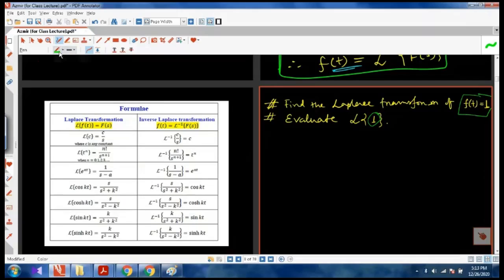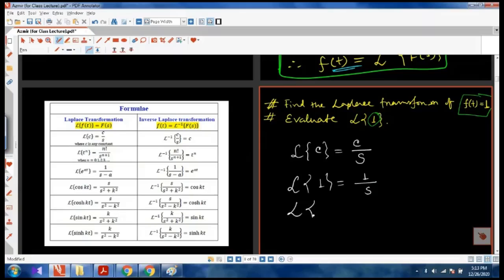So we know the formula, that is Laplace transform of a constant is constant by s. So Laplace transform of 1 is 1 by s.